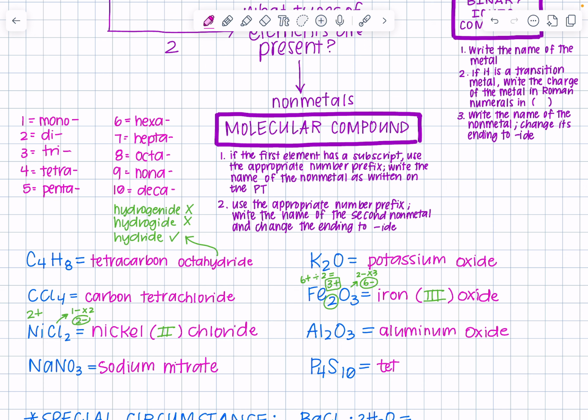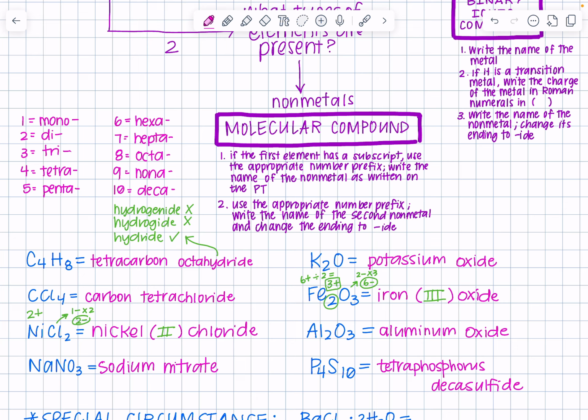So I need to bring tetra over here, and then we name our nonmetal just like we would on the periodic table. And then the second one, we need a prefix, deca, and then we change the ending to IDE on this one. So sulfur becomes sulfide. Tetraphosphorus decasulfide.